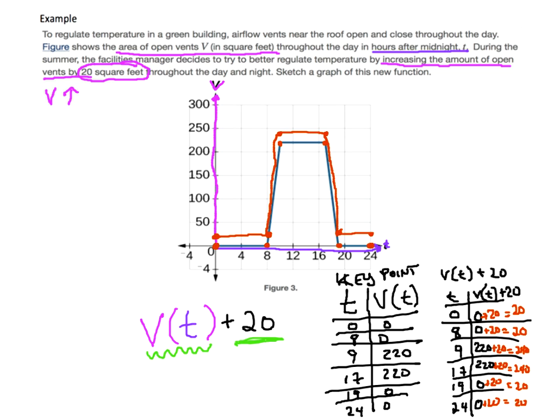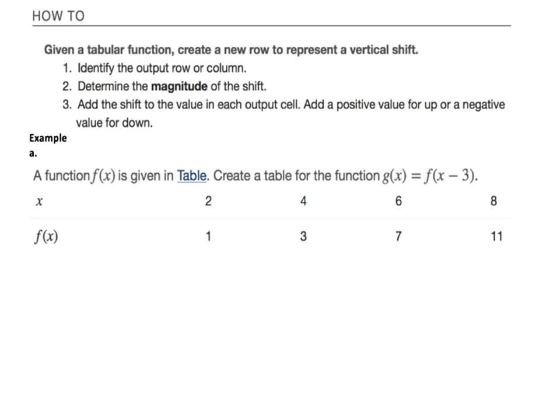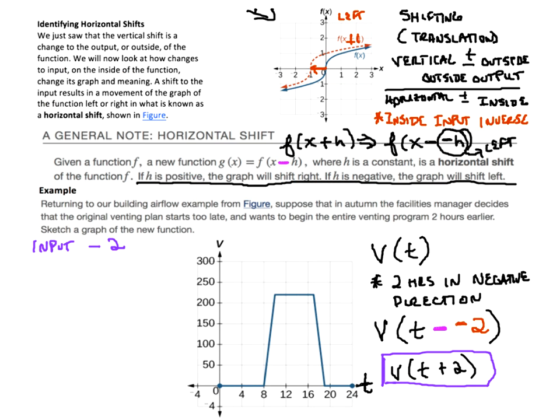So let me go back here and grab a picture of the input-output table we already have for this function. This is what we started with, our key points. Oops, I hit forward one too many. Okay, let me put it here.